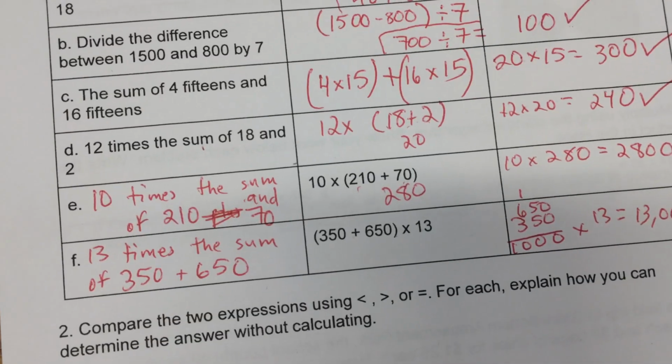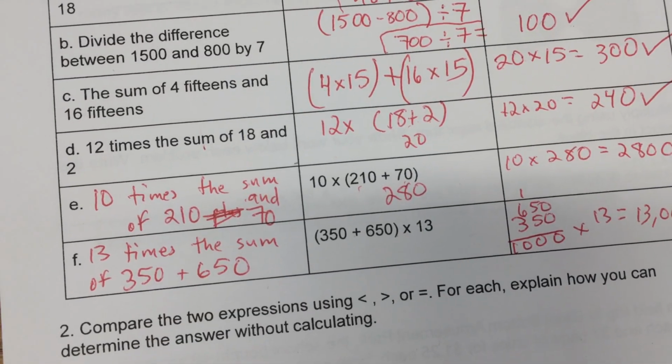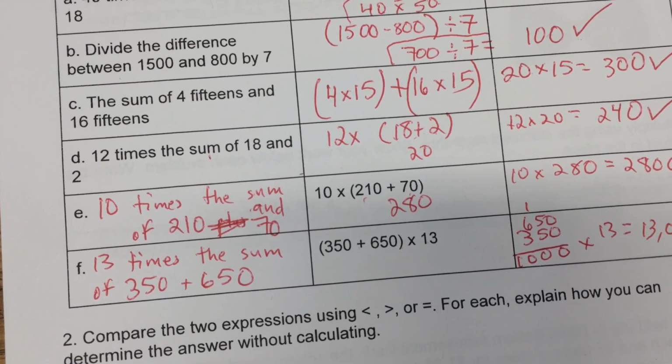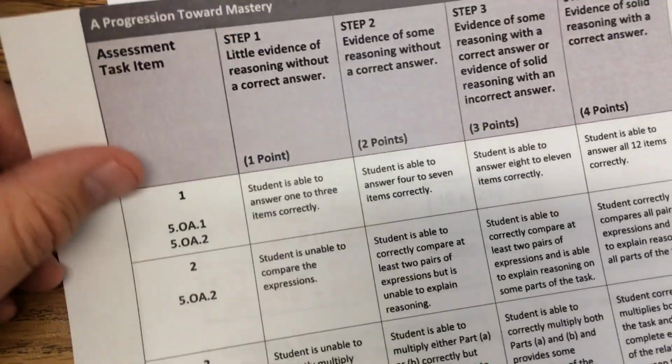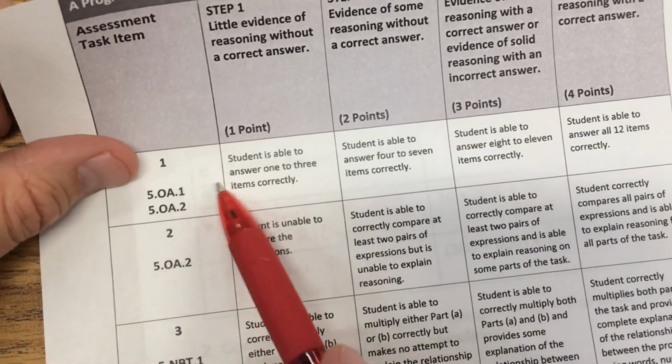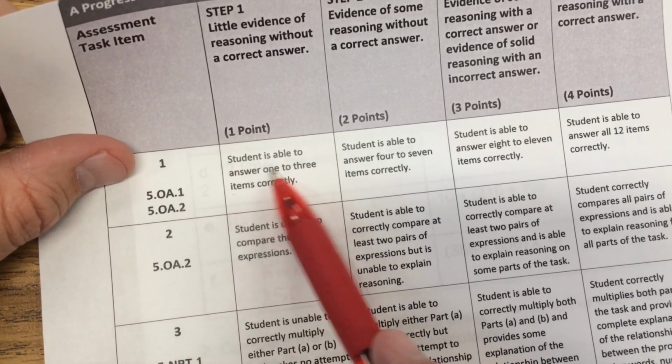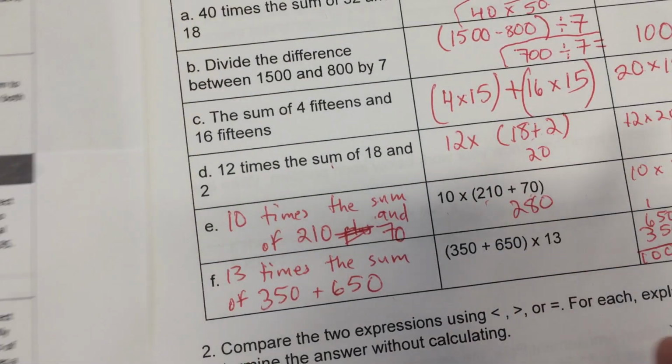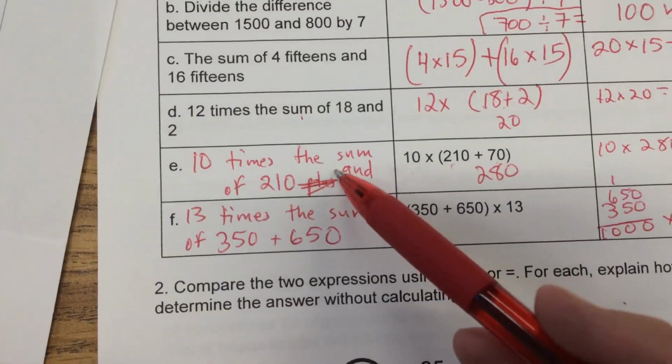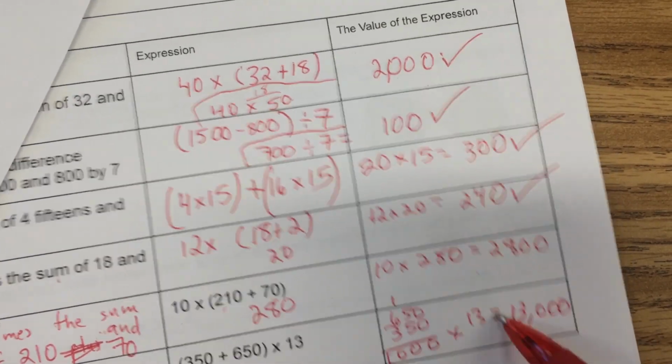Now, as for a grade, and I know it's taken me 4 minutes and 25 seconds, let's look at what that is for a grade. Item number 1, when it's the test, student is able to answer 1 to 3 items correctly. Let's count up the items real fast. 1, 2, 3, 4, 5, 6, 7, 8, 9, 10, 11, 12.